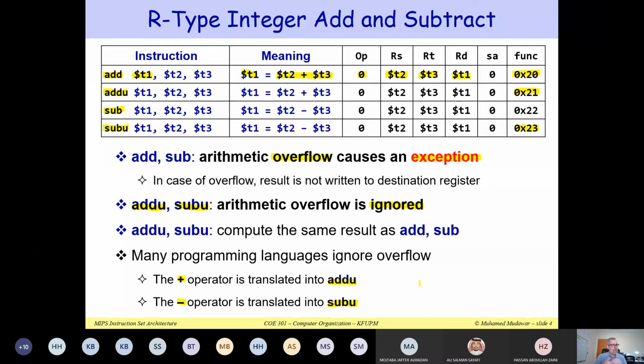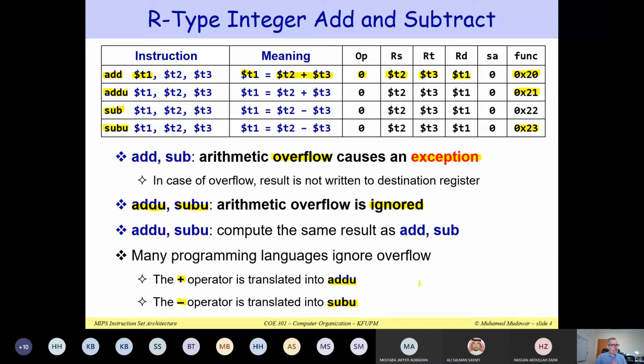In fact, addu and subu can be used to compute both unsigned and signed arithmetic, because binary addition is the same regardless of whether the addition is done on signed integers or unsigned integers. In both cases, you can use addu. The same thing for subtraction.